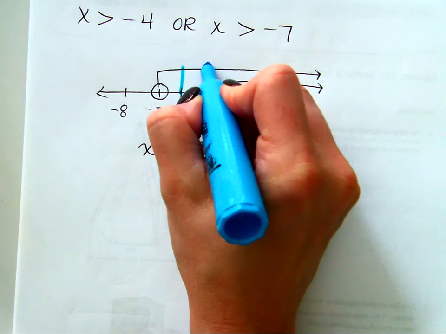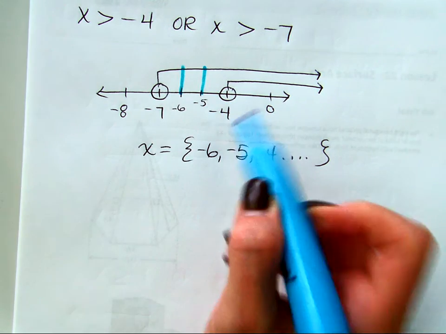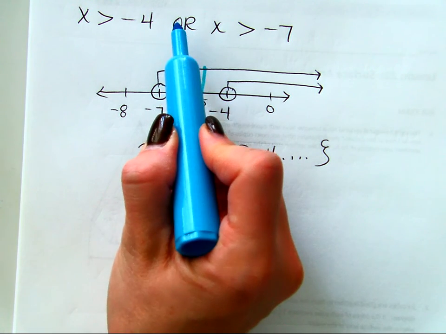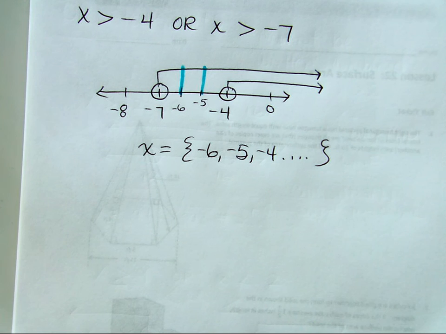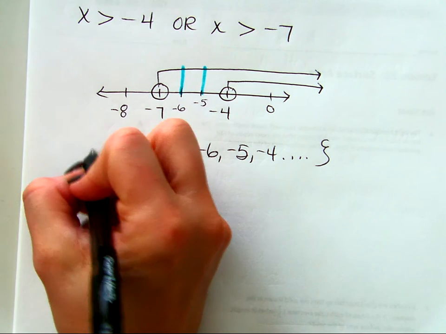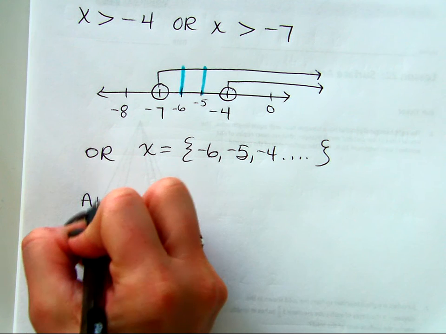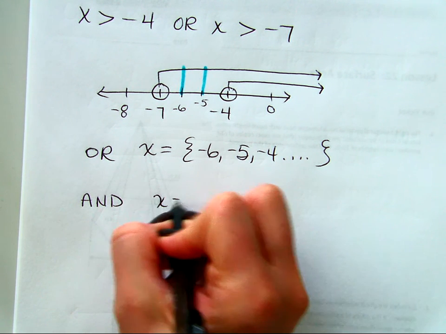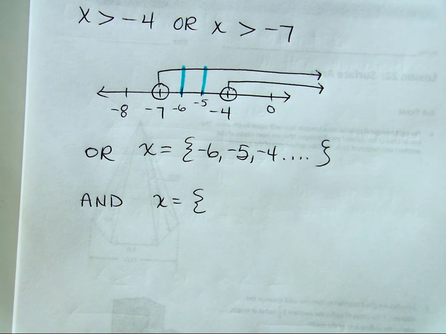If this were an and, if I changed that word from or to and, how would that change my solution? This is my solution if it was an or. What would my solution be if it was an and? Emma. Think, where's their overlap?